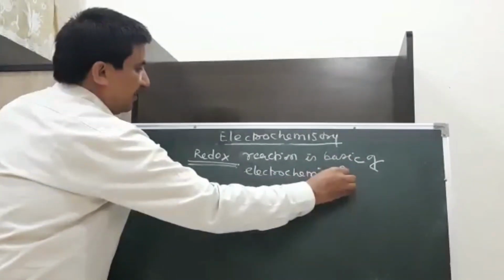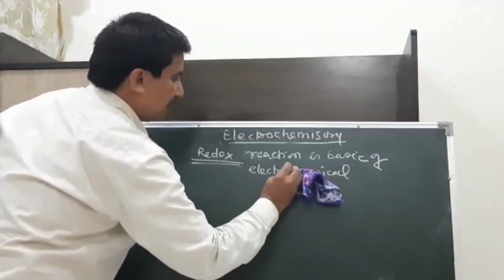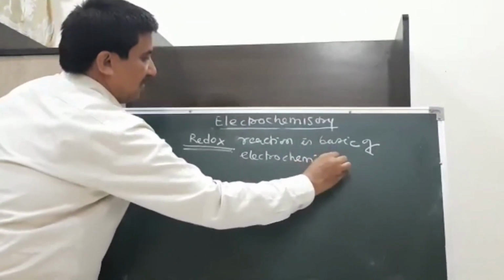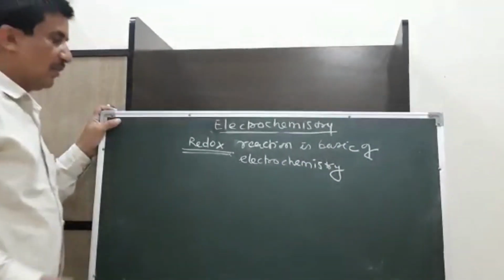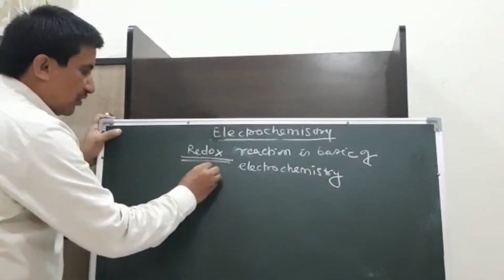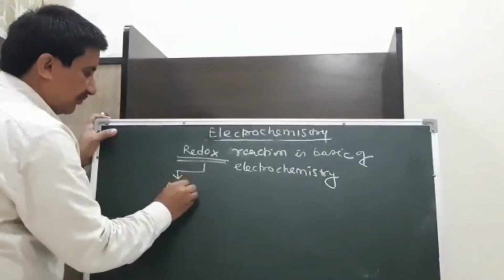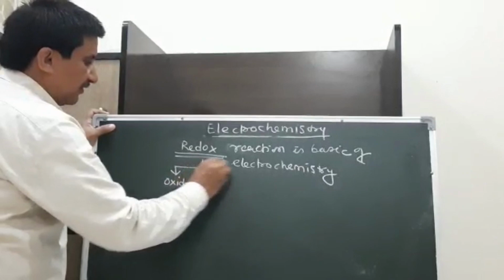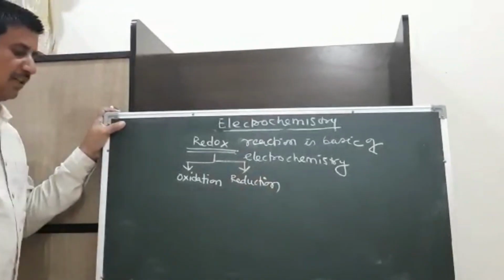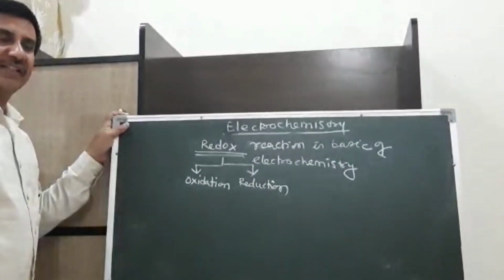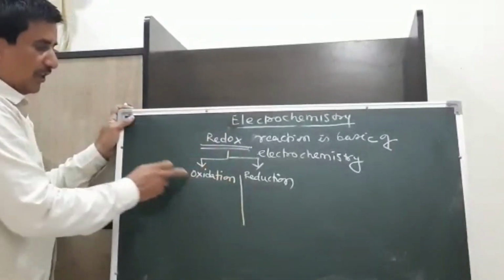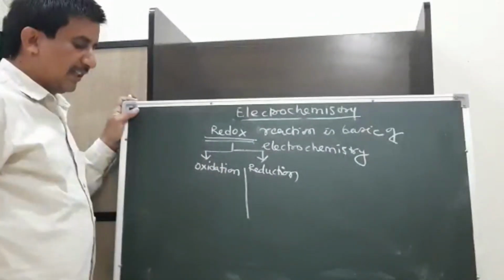We have already studied redox in class 11. It consists of two words: one is oxidation and another is reduction. When both oxidation and reduction take place simultaneously, that reaction is called a redox reaction. So one half in a redox reaction is oxidation and another is reduction.